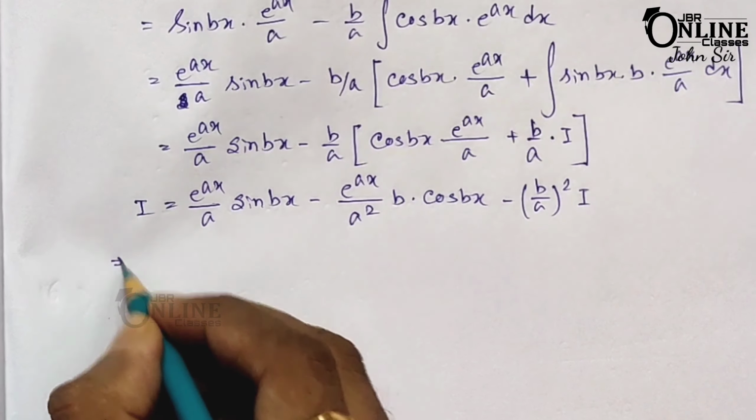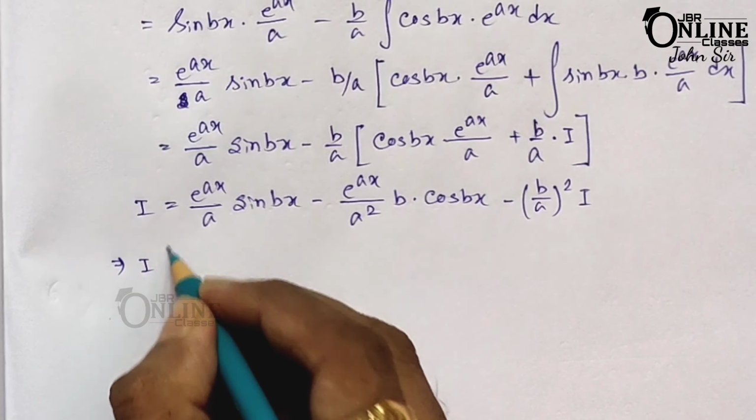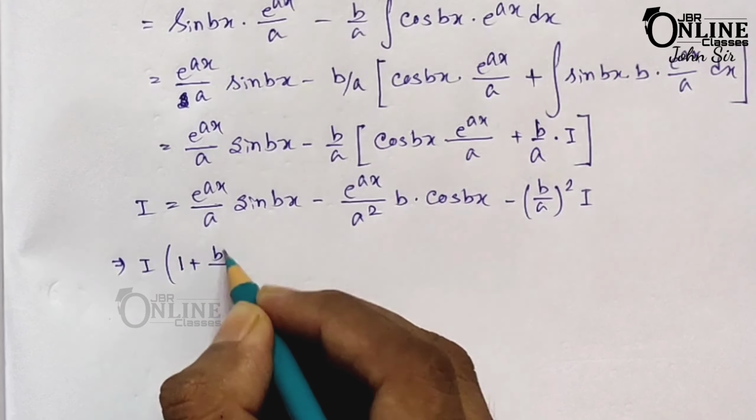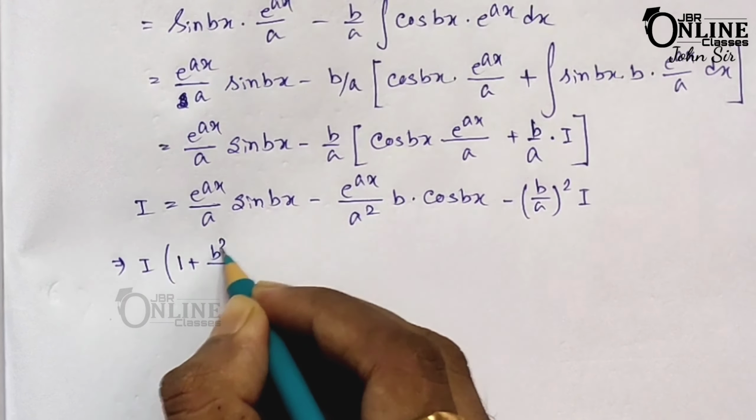So now here if I will be common, it will be 1 plus b square by a square, and the right hand side you have here e to the power ax by a square, that equals, common, so it will be a sin bx minus b cos bx.